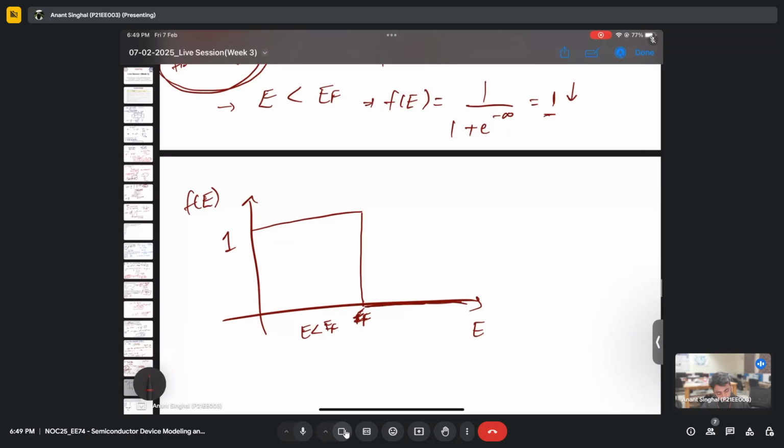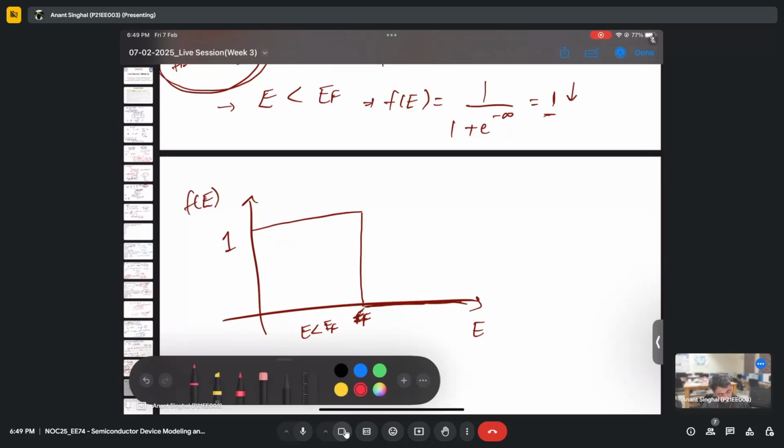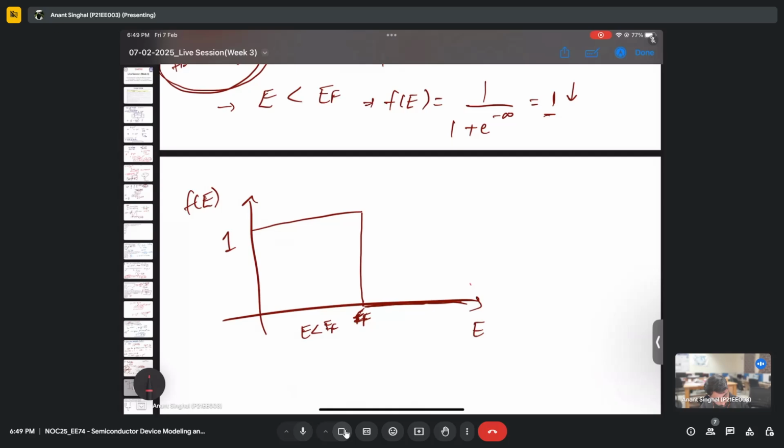If the temperature comes into the picture now, what tends to happen is this will go something like this. Make sense? Any doubt in this? Anyone, any doubts?